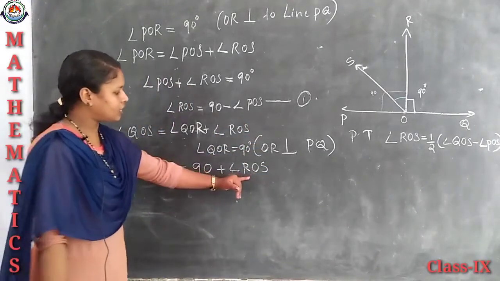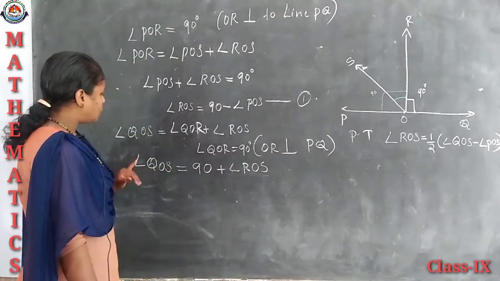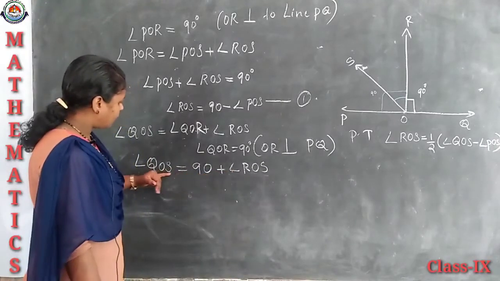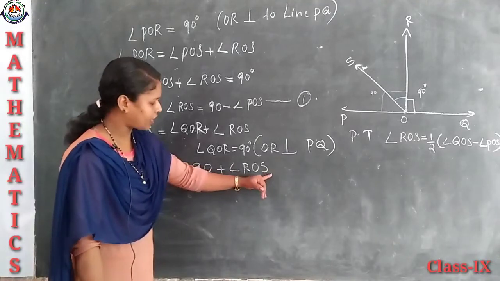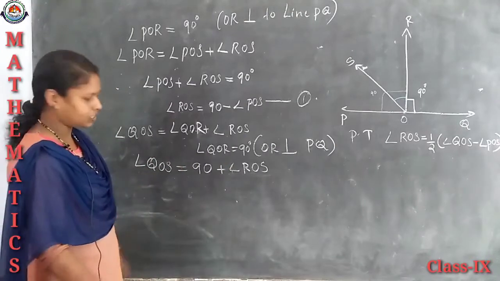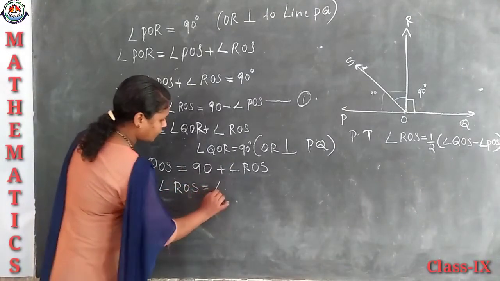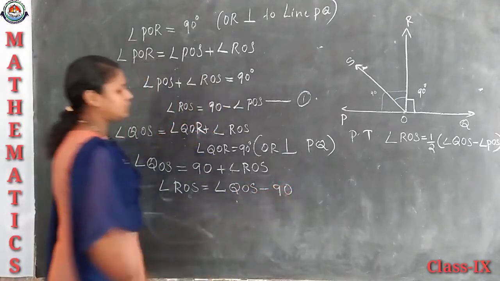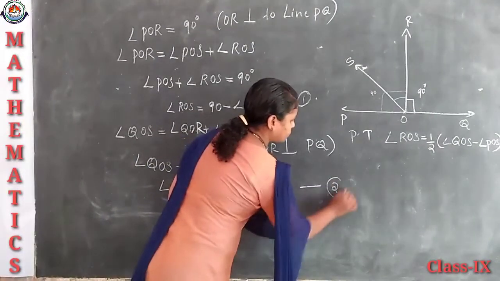Therefore, angle ROS equal to angle QOS minus 90 degree. We can take it as equation 2.